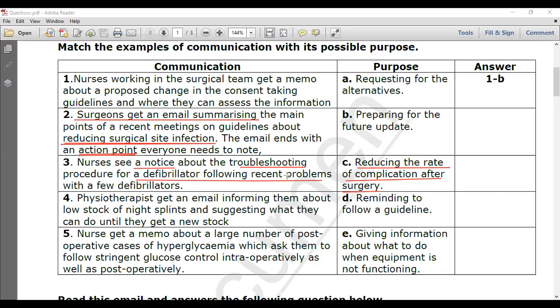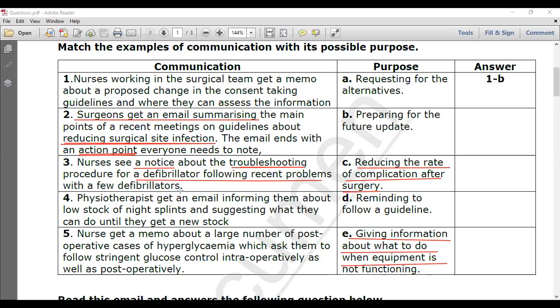Just the way I had issues today in starting the session and getting into the session and sharing the screen and those kind of things. So that's troubleshooting. So here E is the correct answer for the third one. Yeah, that's right. E, giving information about what to do when equipment is not functioning.